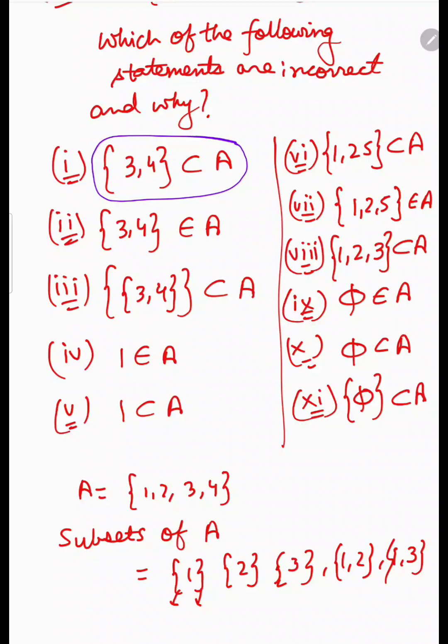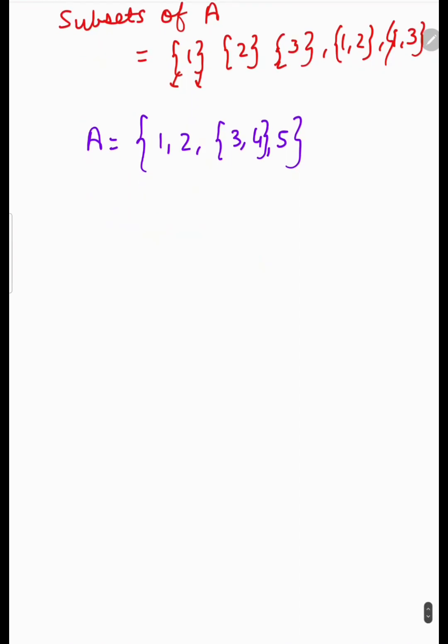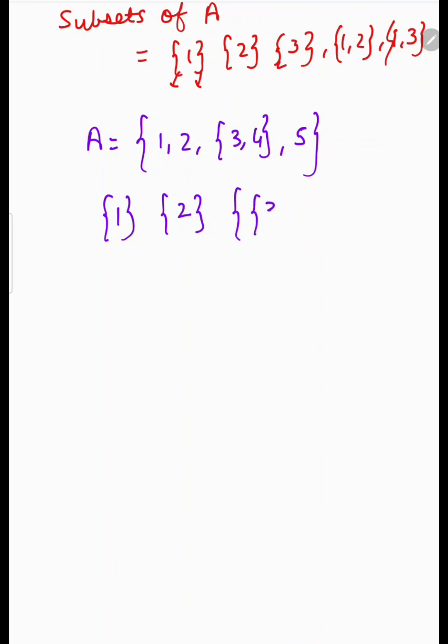{3, 4} is a subset of A. See here. The set A given has these elements. See, this you should consider as one element, one single element. Okay. So, see, A will have subsets like this, and so on.